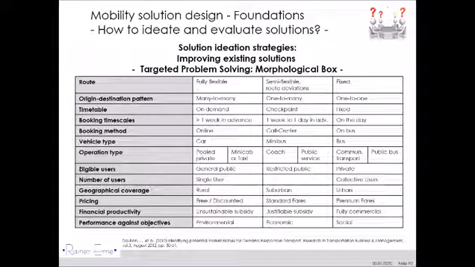So you have a few design options to design your mobility solutions or your on-demand service, and to choose among these different options, it's called morphological box, which is an idea generation method.